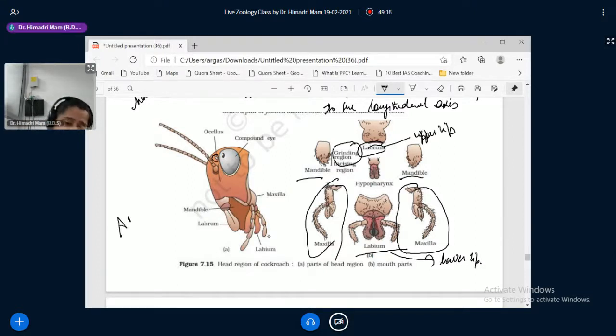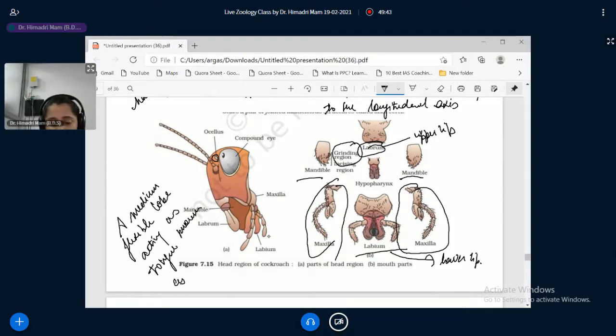Basically, they have a medium flexible lobe acting as tongue, known as hypopharynx. Right?